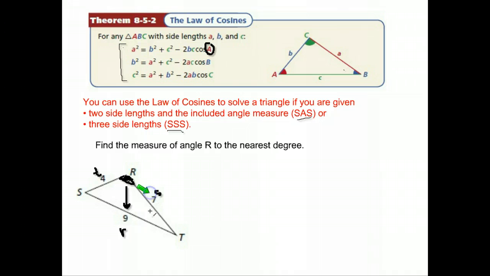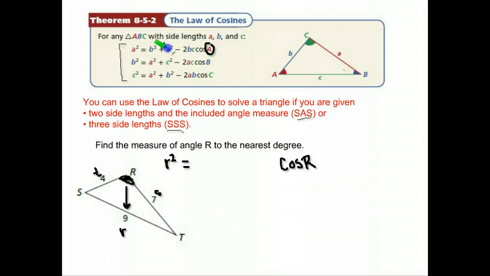Again, s across from big S, t across from big T. But since angle R is the one I'm looking for, and it's the one that I will have at the end of my formula, I know at the other end I will be doing little r squared.